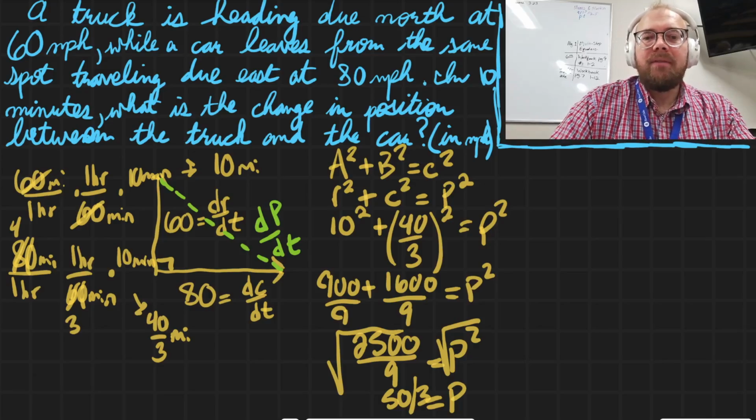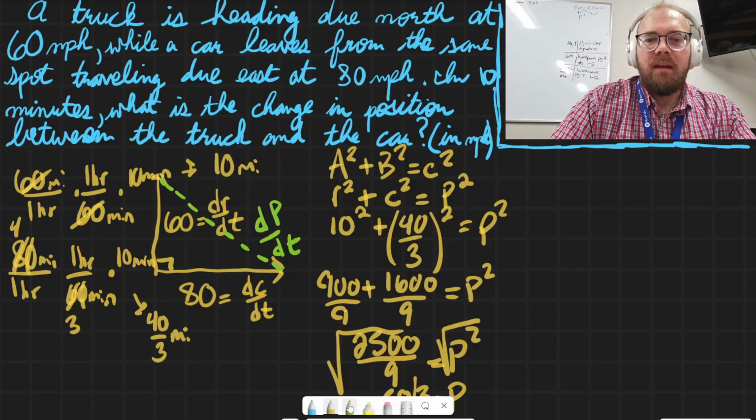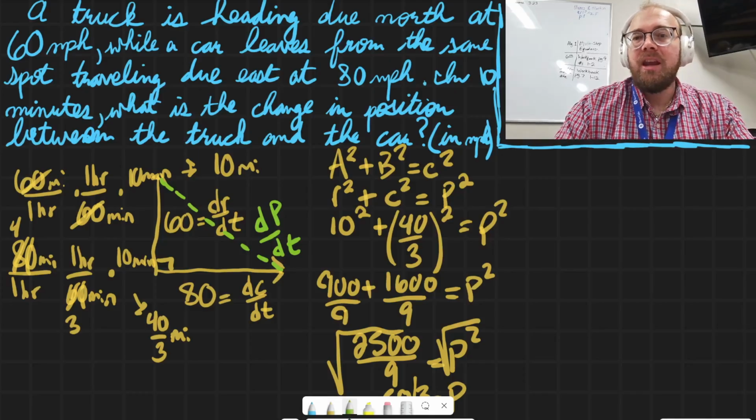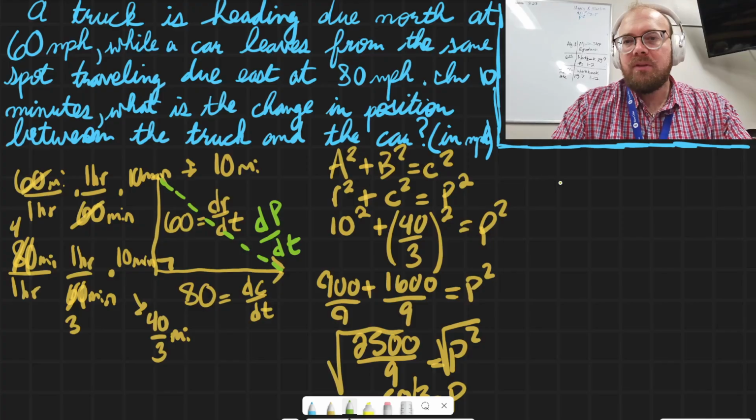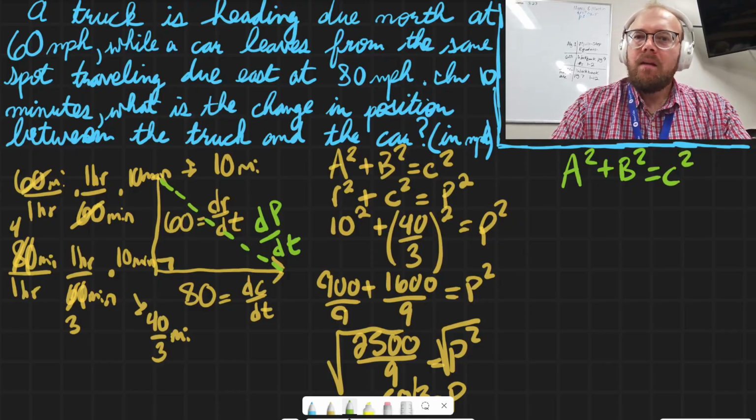So now that we have that, we can figure out the change in position between the car and the truck. So we're actually going to go back to the Pythagorean theorem. A squared plus b squared equals c squared. And then we rewrite it in terms of r and c and p again.